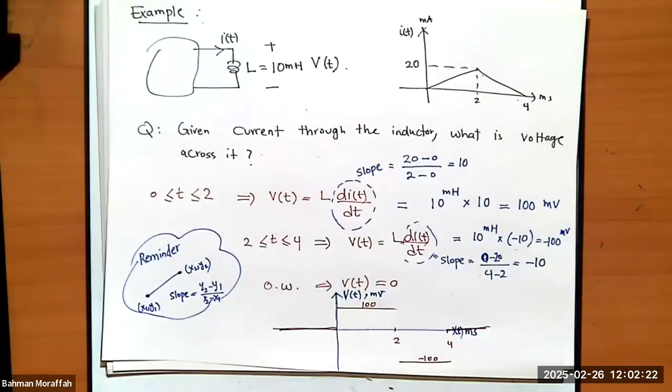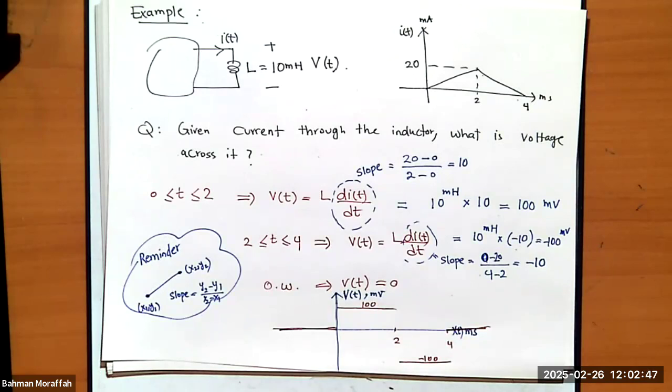And as you can see, there is a discontinuity at this point. Which means that if I look at the value of voltage a little bit before 2, it's not the same as the value a little bit after 2. A little bit before 2, the voltage is 100.